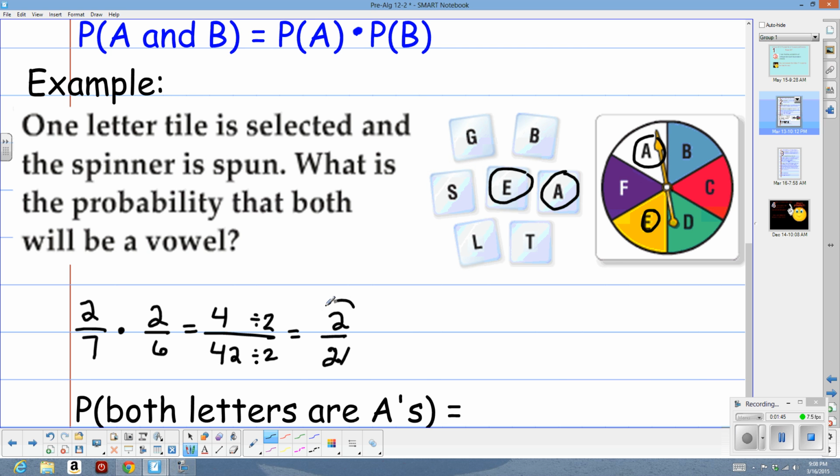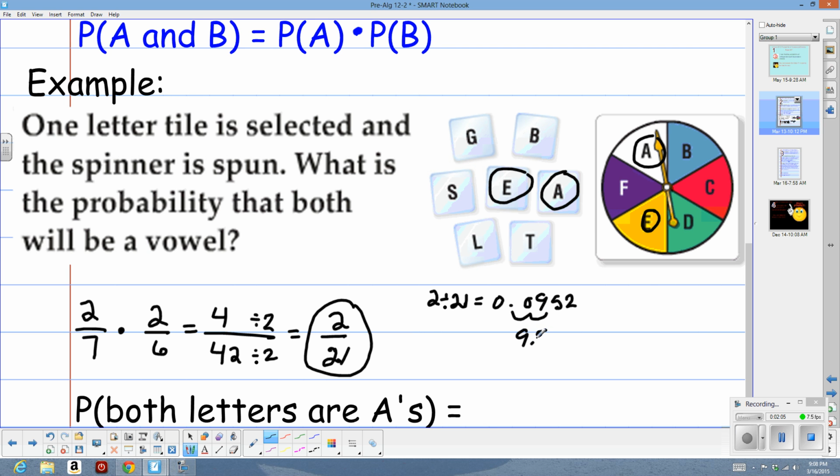Probability can be written as a fraction like that, or it can be written as a decimal by doing 2 divided by 21, or as a percent by moving the decimal 2 places to the right.